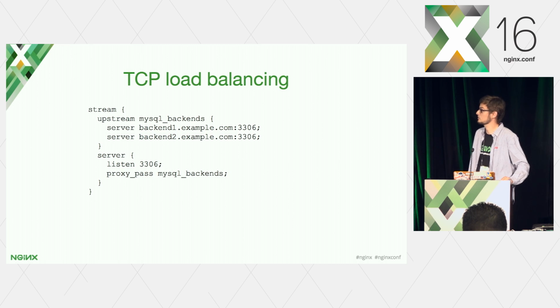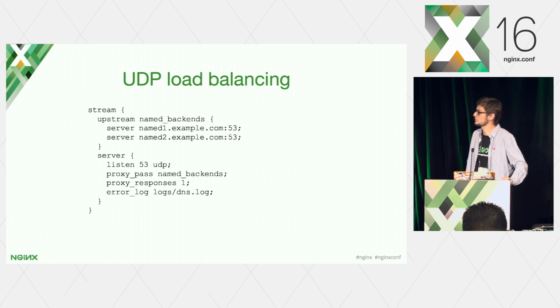But since version 1.9.13, I think, we also added UDP load balancing to NGINX. It serves two primary use cases: high availability and horizontal scaling of UDP services.